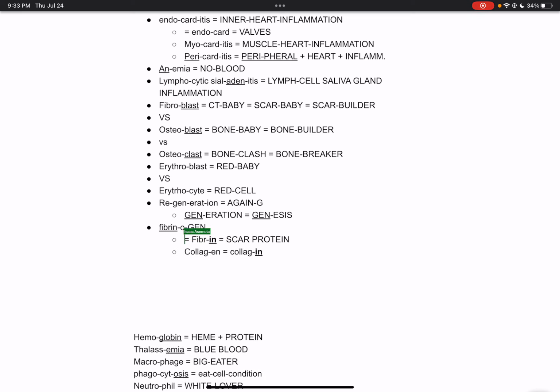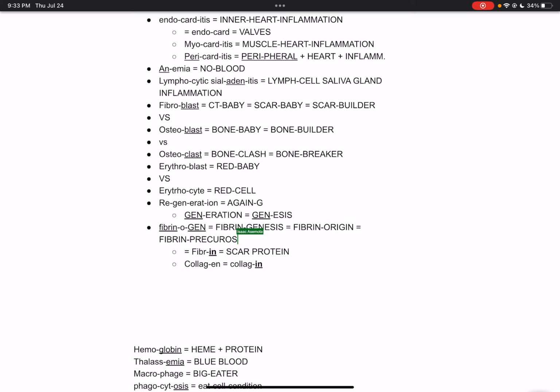And then fibrinogen means it's the fibrin genesis, right? The fibrin origin, or if you want to say the real science word, the fibrin precursor is the word that I was going to use. So if it says, whatever, I can't think of something right now, P-fibrin, that's not a real word, but that's basically how they use the language.